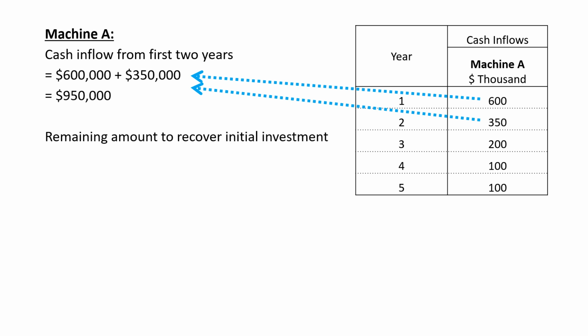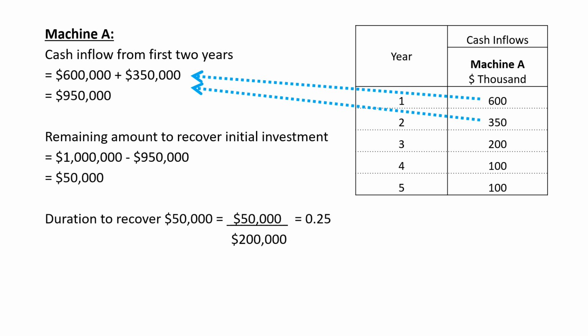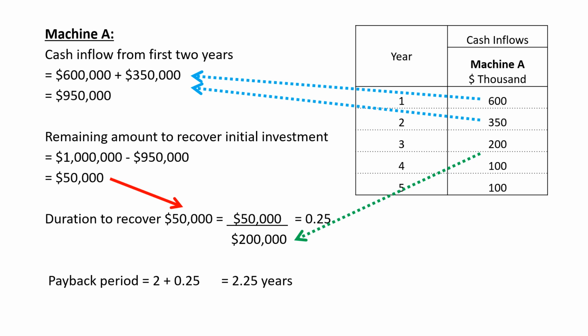Remaining amount to recover the initial investment: the initial investment is 1 million, you minus off the 950k, left with 50k. So the duration remaining to recover the remaining 50k is simply 50 divided by 200k, where 200k is taken from year 3. So the payback period is simply 2 plus 0.25, which gives you 2.25 years.